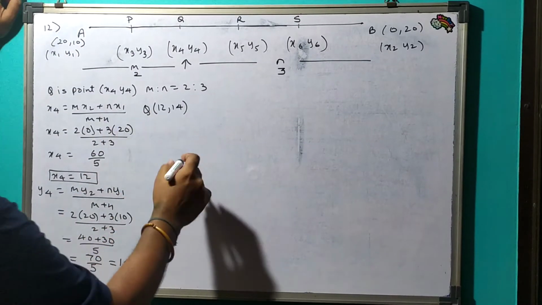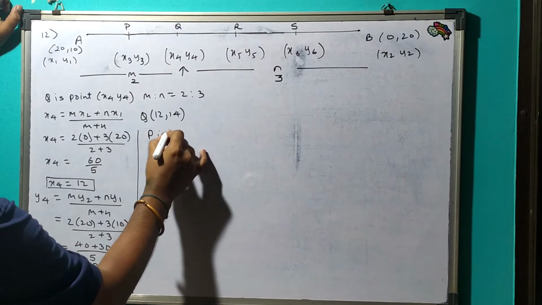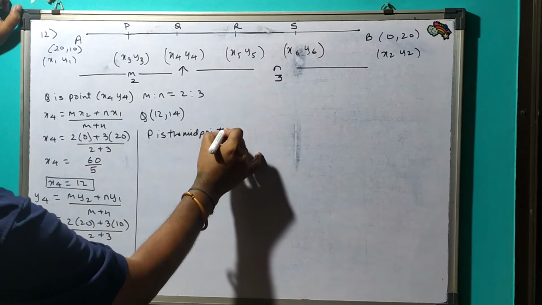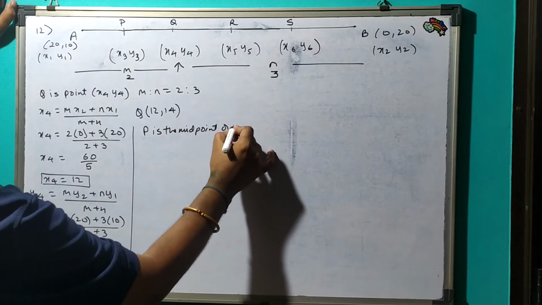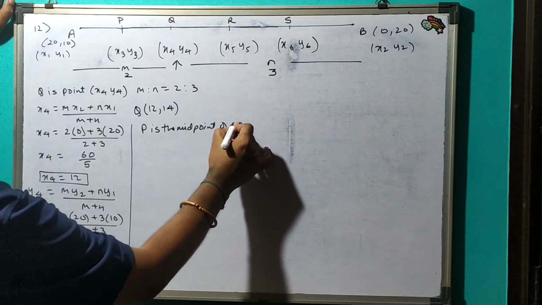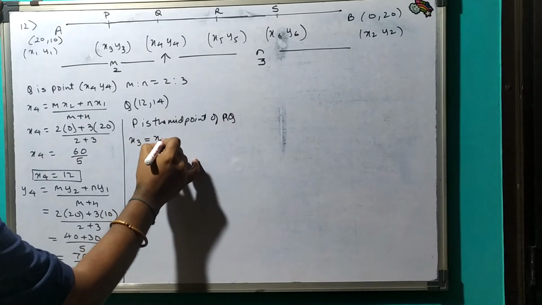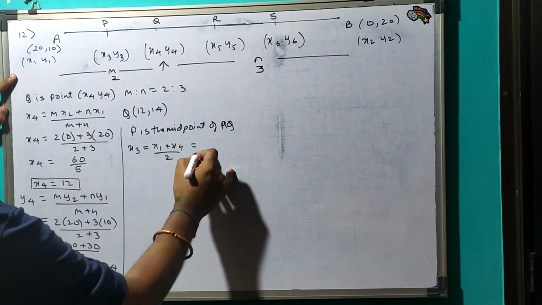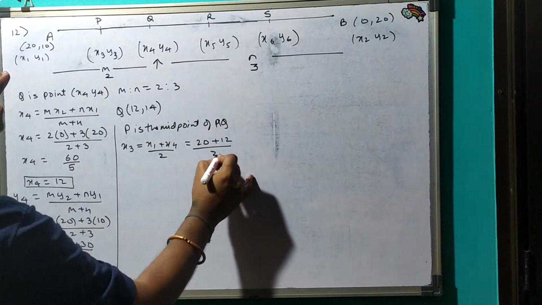I can write over here directly, P is the midpoint of AQ. So x3 is equal to x1 plus x4 upon 2. x1 that is 20, x4 that is 12, upon 2.